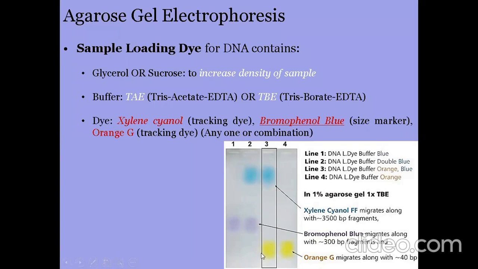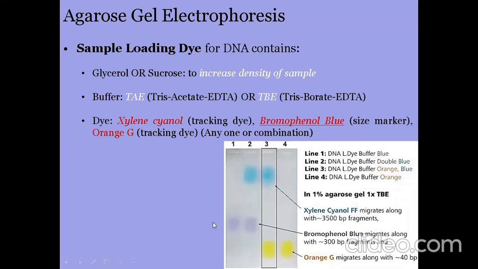If our DNA is 40 base pairs, we can easily know that the band will be here. It could go out of the gel, and then we cannot visualize that band under a UV transilluminator or UV light.